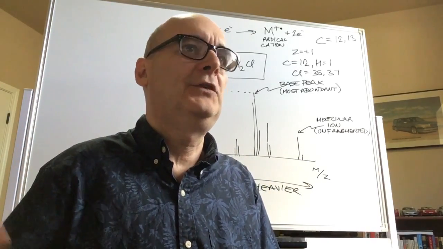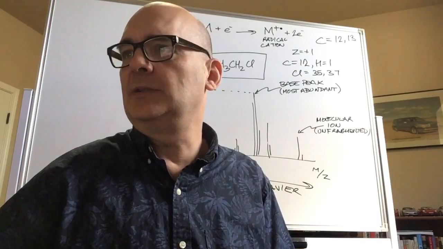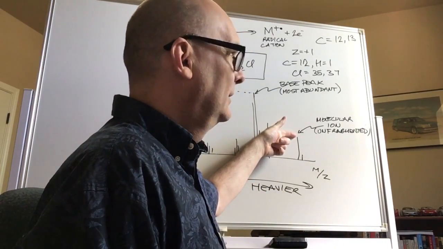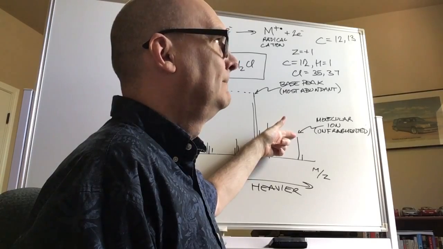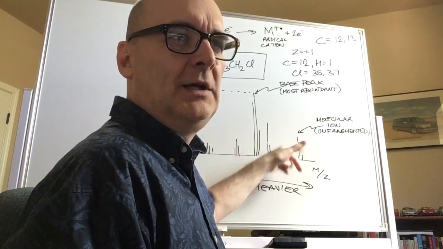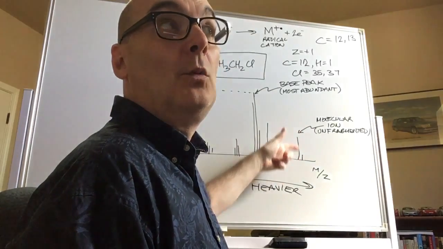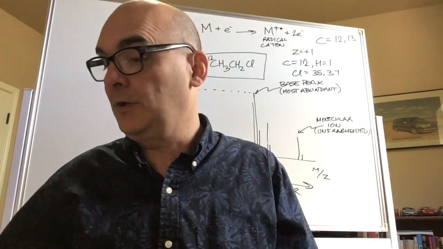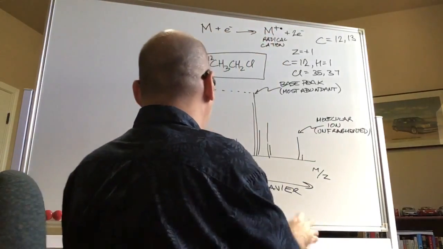And there's a little rule later on that if you divide the height of this by the 1.1% of carbon-13, you can figure out the total number of carbons in your molecule.